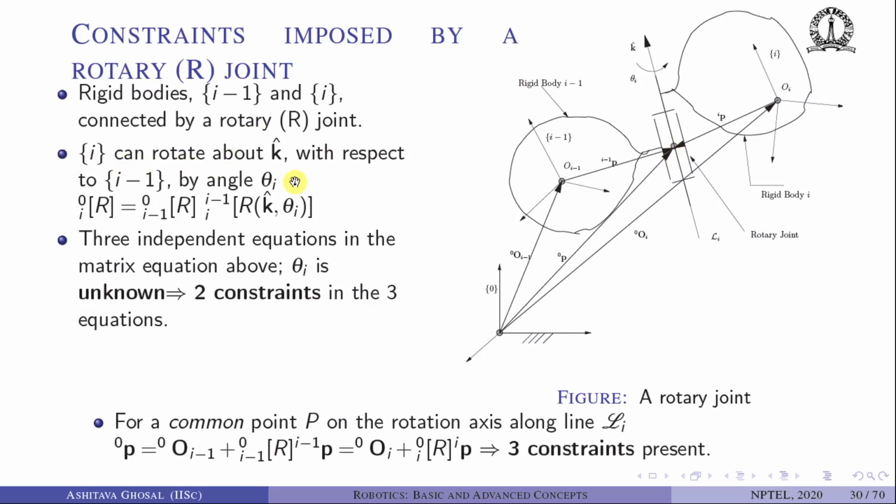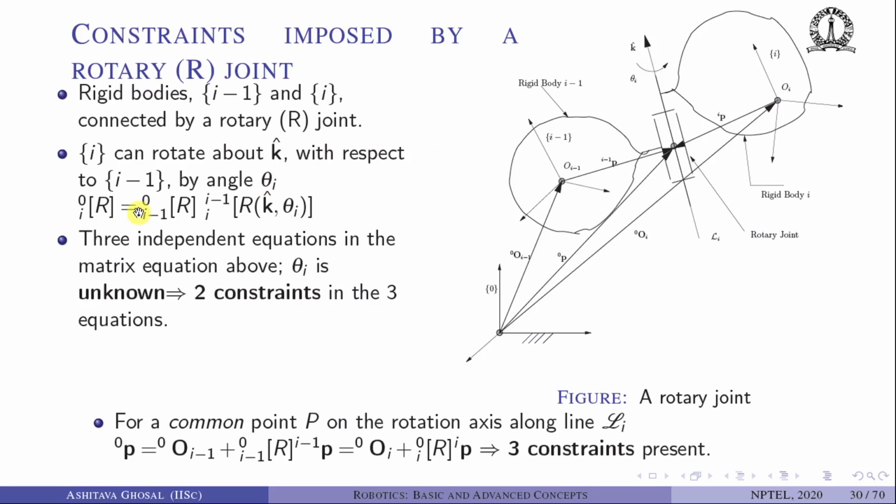Hence the rotation matrix which describes the orientation of rigid body I can be obtained from the rotation matrix of rigid body I minus 1 by simply pre-multiplying or post-multiplying this O I minus 1 R with the rotation about k by theta I. This relationship is straightforward because the revolute joint allows only one rotation about this k axis.